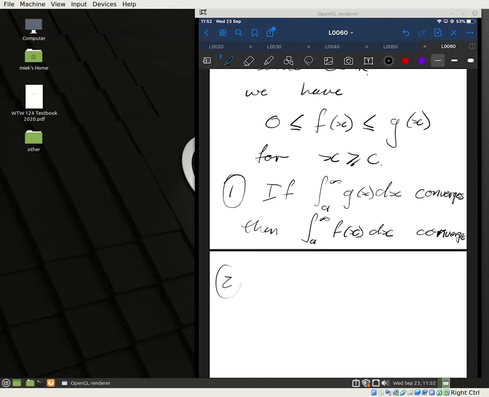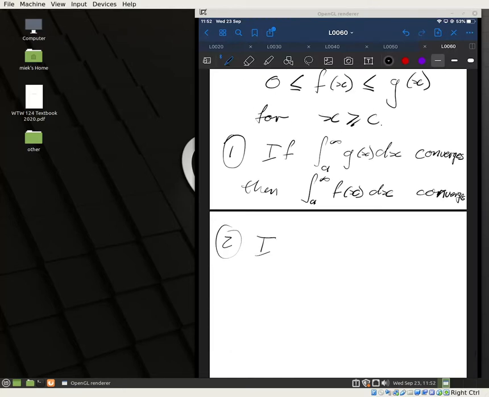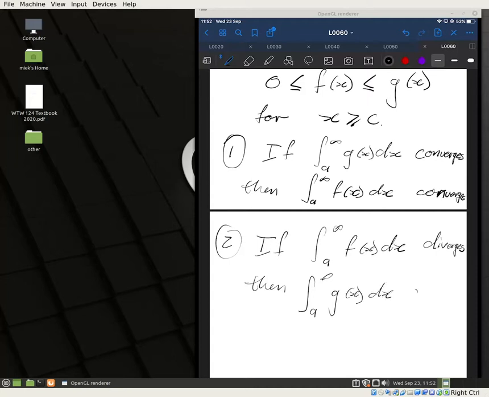And number 2, if the integral from a to infinity of f of x dx diverges, then the integral from a to infinity of g of x dx also diverges.